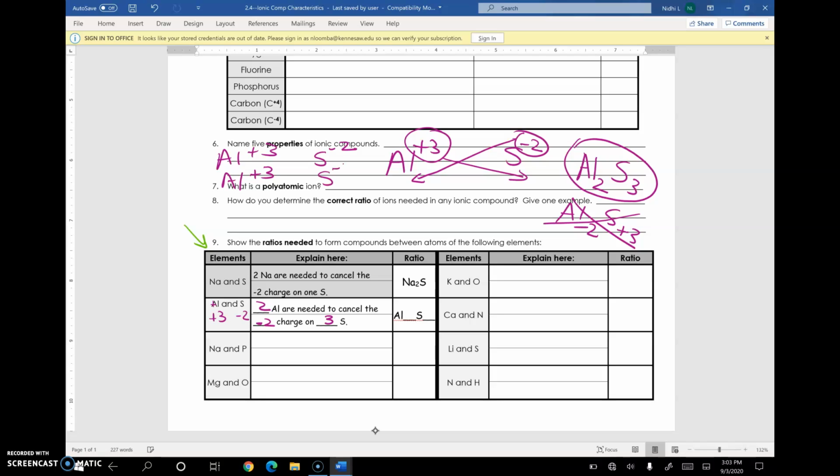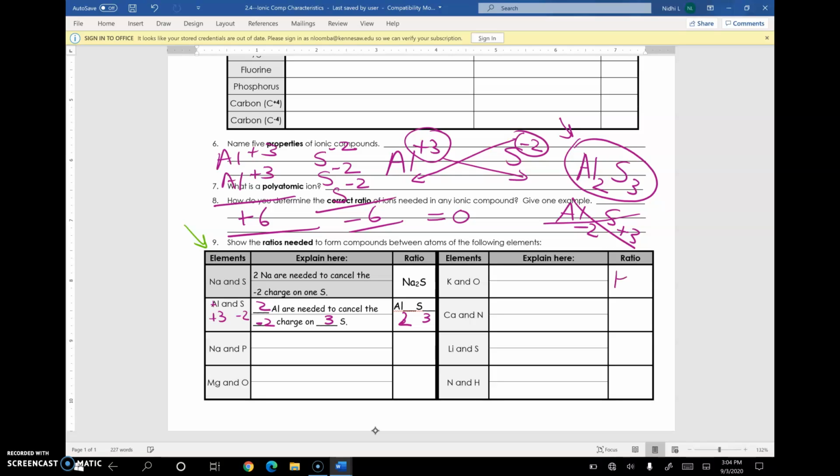If I bring in one more sulfur, it's -4. Which means I need to bring in one more sulfur so that this is -6 and this is +6. +6 minus 6 is 0. Okay, I hope this was helpful, and all you're putting here is just these subscripts right here. So it's going to be Al2S3, just this formula. Okay, and that's your ratio.